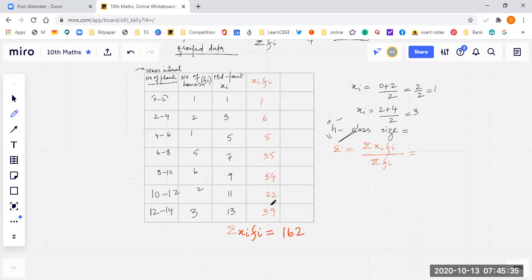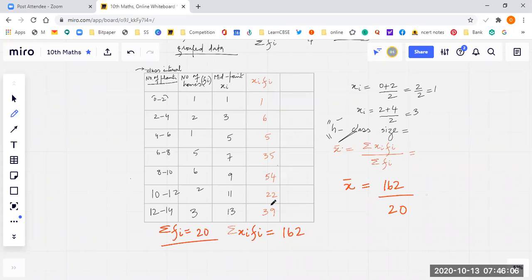Now add all the numbers of houses, that is summation Fi: 2 plus 1 is 3, 4, 9, plus 6 is 15, 15 plus 5 is 20. So this data was collected for 20 houses. My mean x bar would be summation Xi Fi, 162, divided by summation Fi, that is 20.